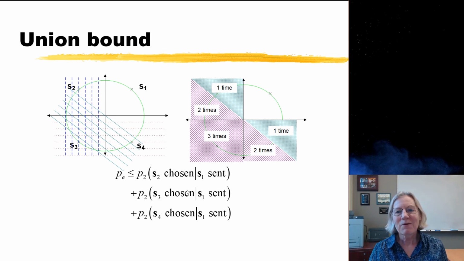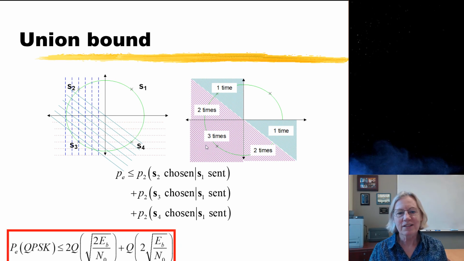But first of all, what's interesting about QPSK is it's a simple enough problem that I can actually find an exact solution for it. And I wrote here the equation for the exact solution for this QPSK problem. So I won't go into it. It's a little bit tricky, but you can use a trick and you can calculate this true probability of error.